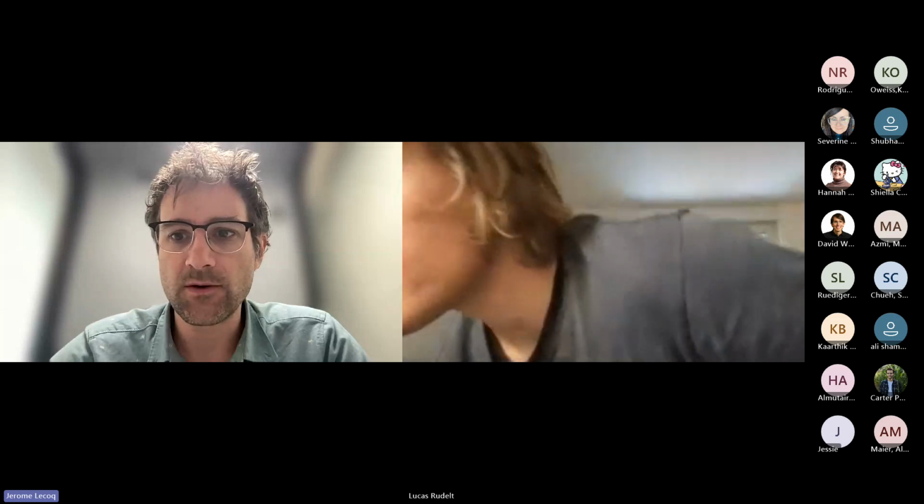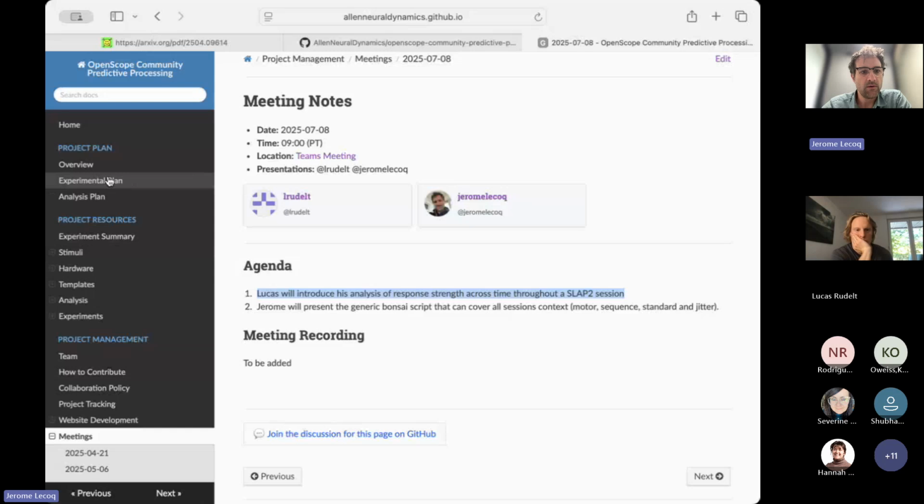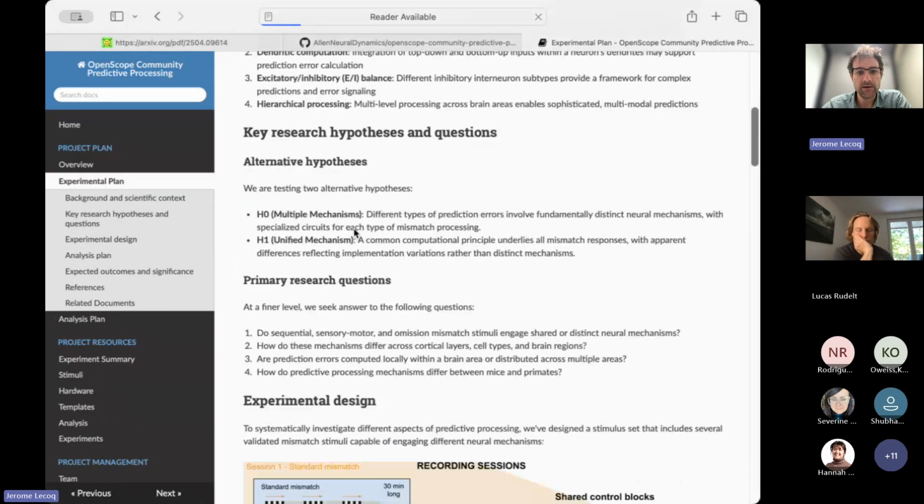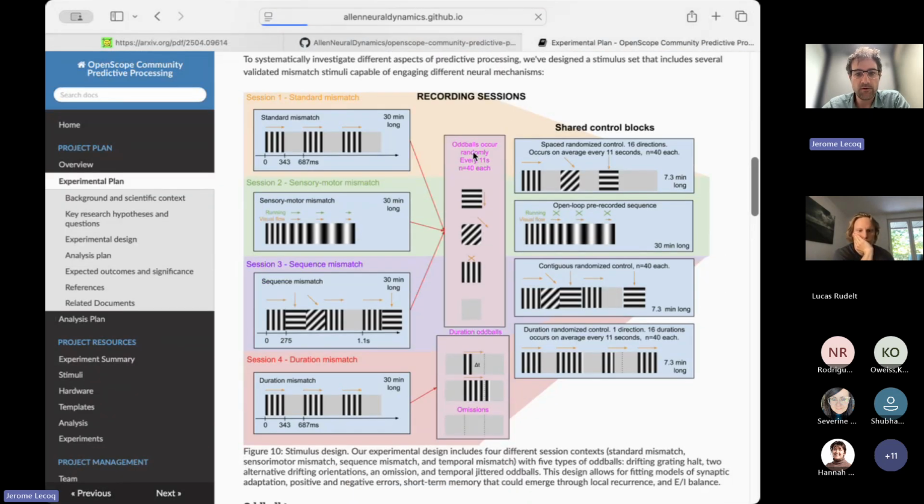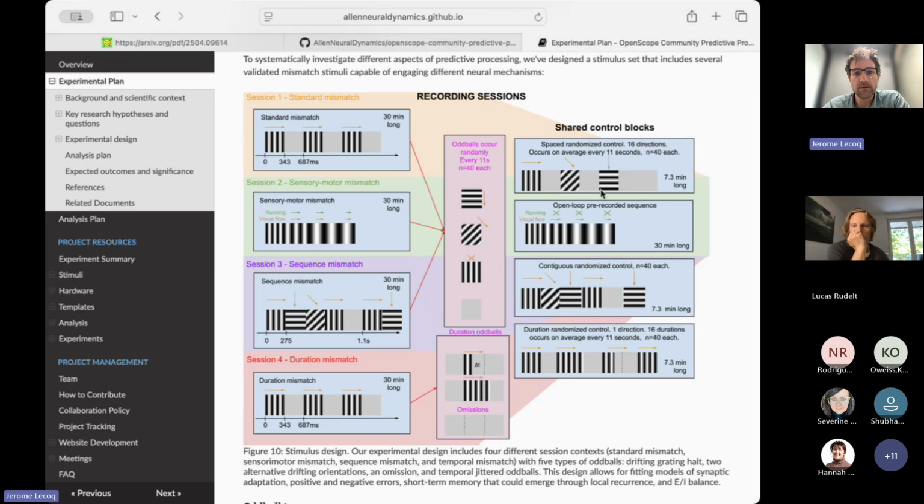Okay, so let me share first the original intent. When we initially reviewed the literature, we made a plan that contained these 4 different contexts. The standard mismatch context, which is what we've been piloting on SLAP for a while now, the sensory motor mismatch context, as well as sequence mismatch, and a jitter context where the duration of the oddball is changed.